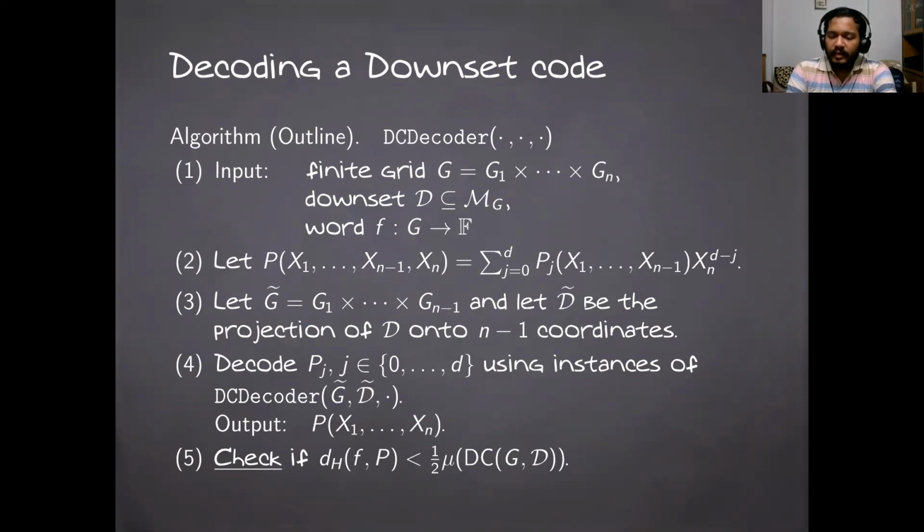At the end, we have an input received word and an output code word. We measure their distance. If that distance is less than half the minimum distance, then it implies that the algorithm replied correctly. If that distance is not less than half the minimum distance, it means the polynomial that we received does not represent the received word at all. There are just too many corrections.